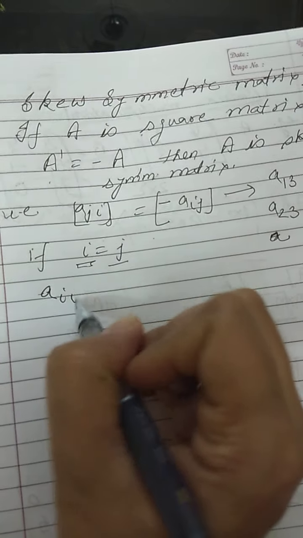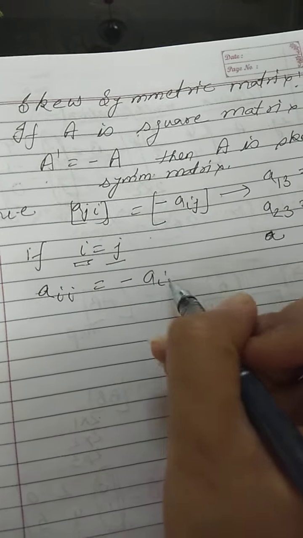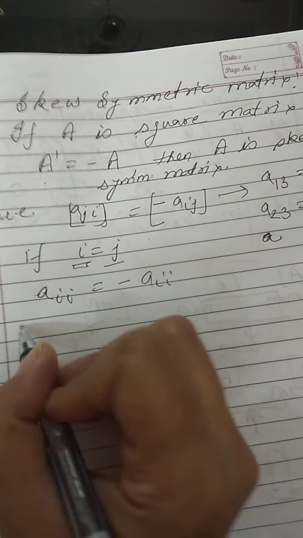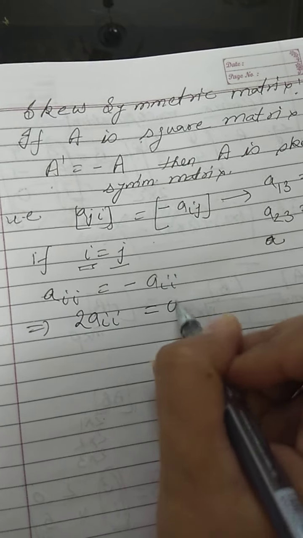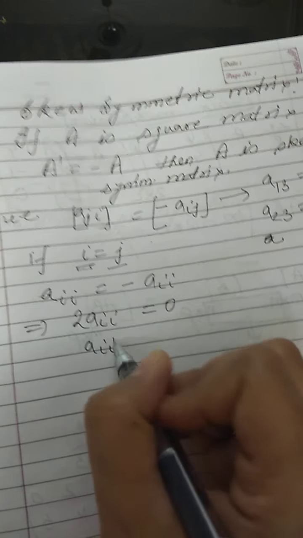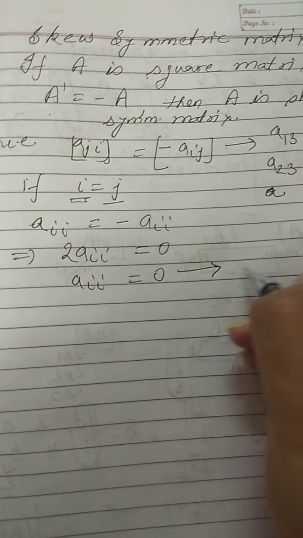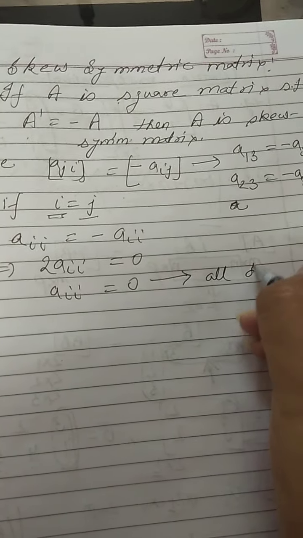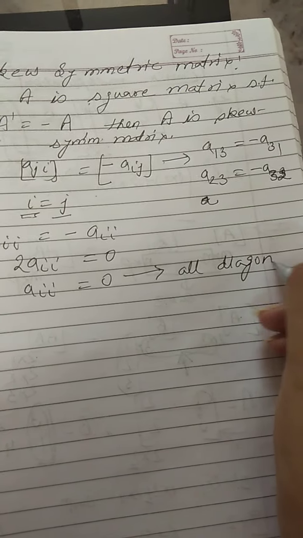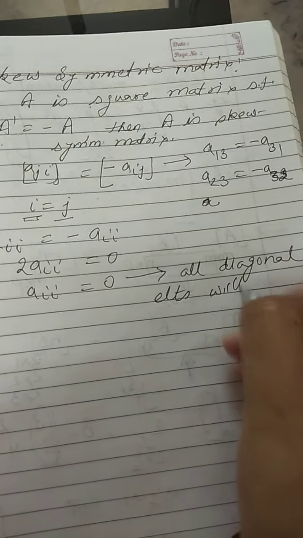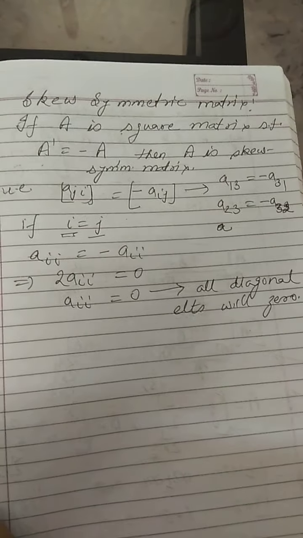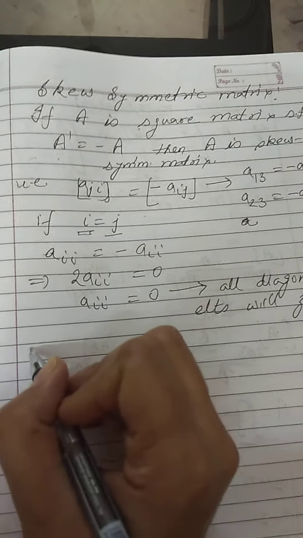It means Aii is equal to negative of Aii, which further implies twice Aii will be equal to 0. So Aii element equals 0. From this we conclude that in a skew symmetric matrix all the diagonal elements will be 0.